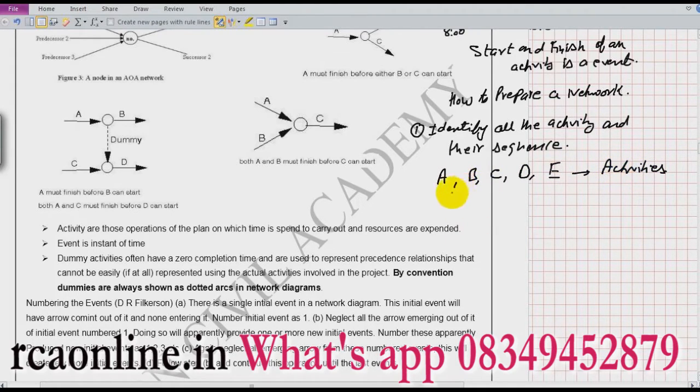Now, the sequence of these activities is, first of all, I can start A, then I can start B and C in parallel, then I can start D and then I can start E. So this is the start of the project and this is the finish of the project.